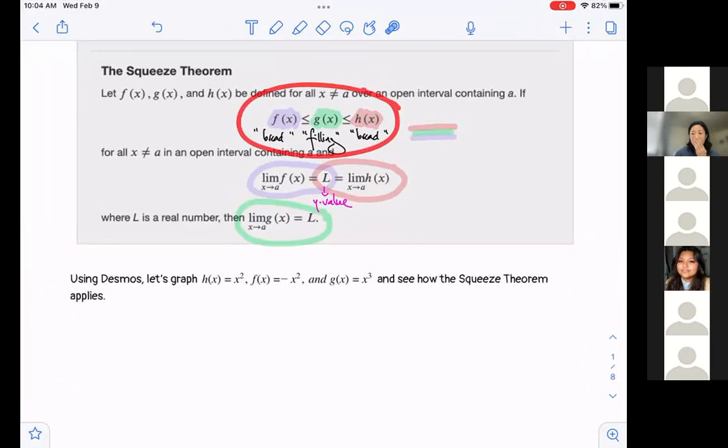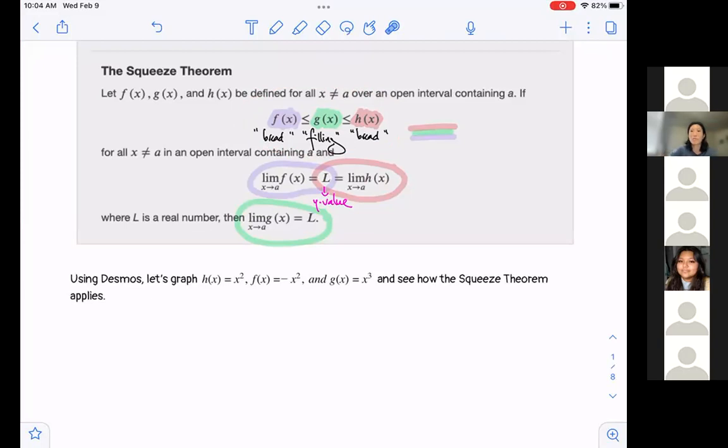Sorry, 0 isn't the open interval. That's not the same thing, right? I just want to make sure that I'm not getting L confused with the open interval. So the interval is from -1 to 1. We're cutting a part of the x-axis out. But the open part comes from the fact that we don't actually include the numbers on the end.